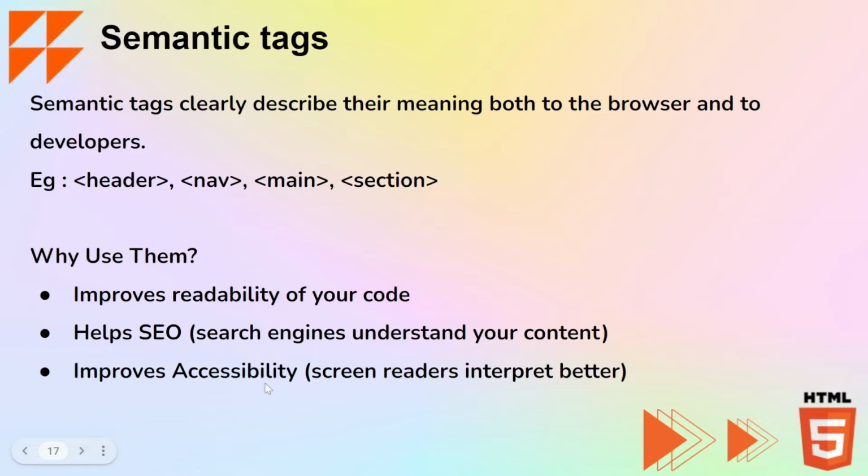It also improves accessibility. Now what is accessibility? We will be seeing accessibility in more detail in a few minutes, but let me tell you that whenever we create a website, we create it keeping in mind that it will be used by different sets of users. What does it mean? Some users might have physical disabilities because of which they might not be able to read the website properly, which means they are blind.